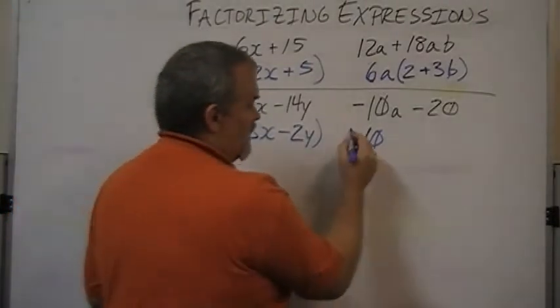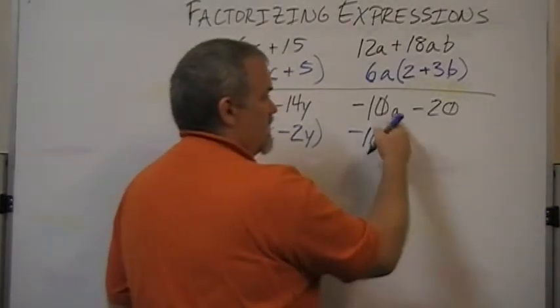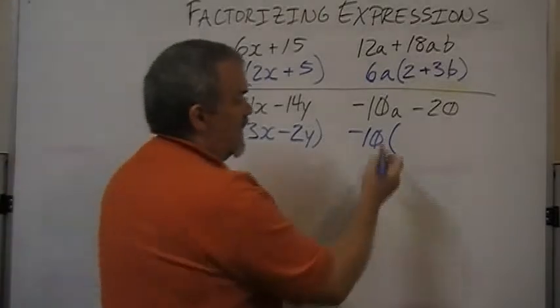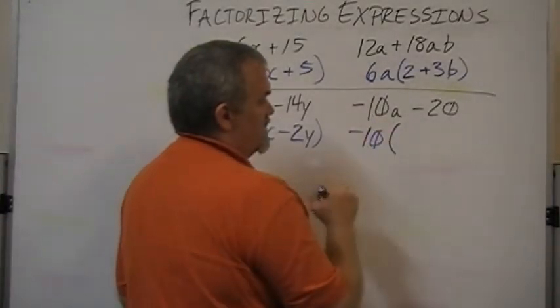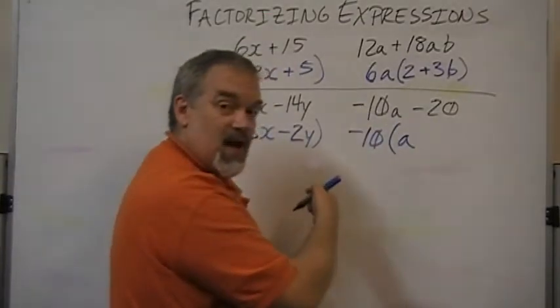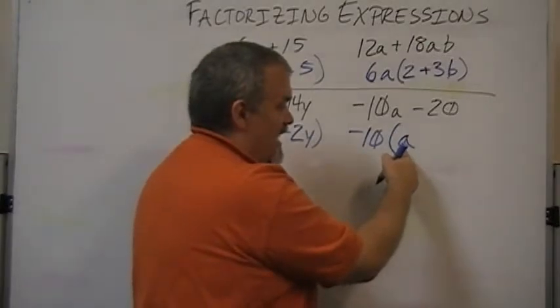So I can actually divide the minus out as well. And when I do that, there's no pronumeral that's in common, so I can't divide out a pronumeral. But when I divide this by minus 10, I'm left with just a, because the minus divides itself out. Minus divided by minus is a plus, so I'm left with positive a.